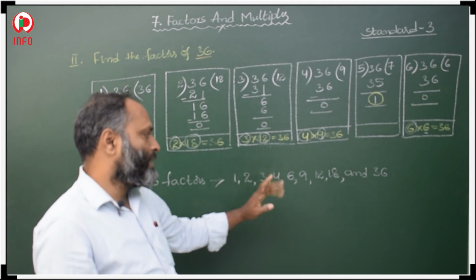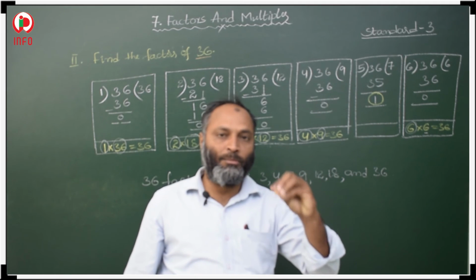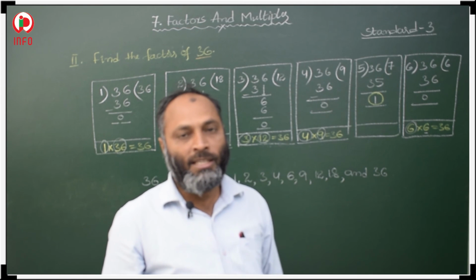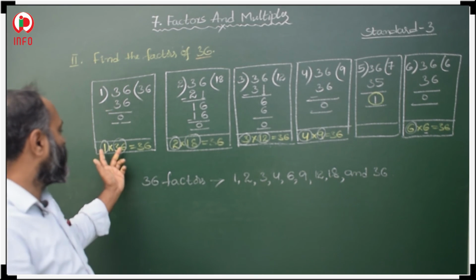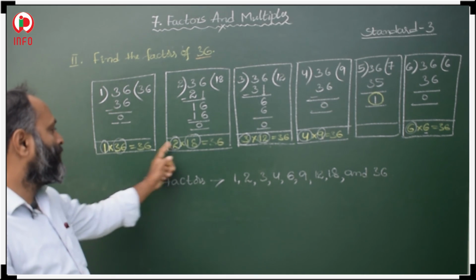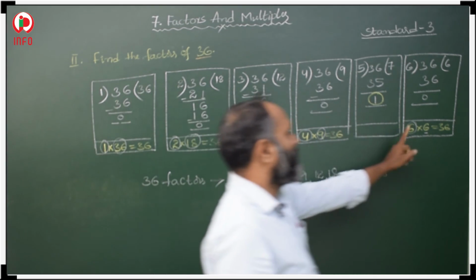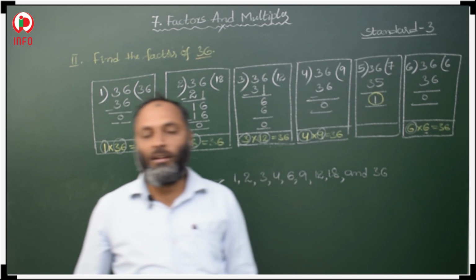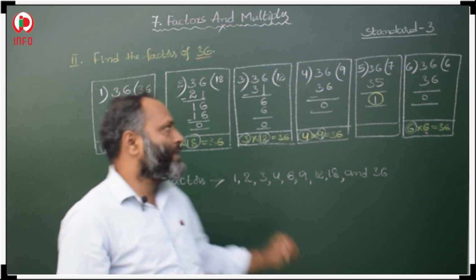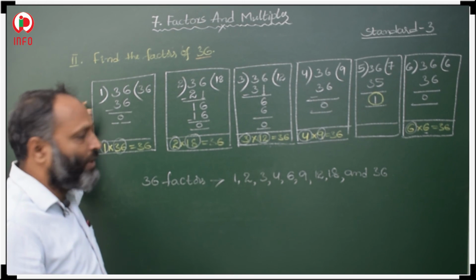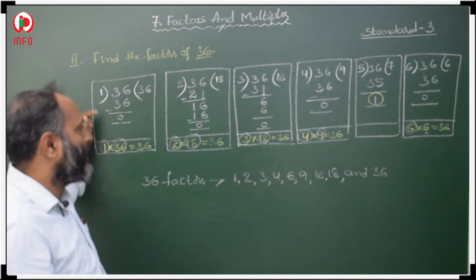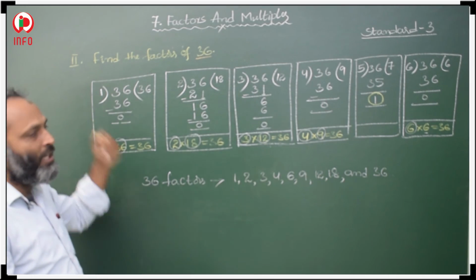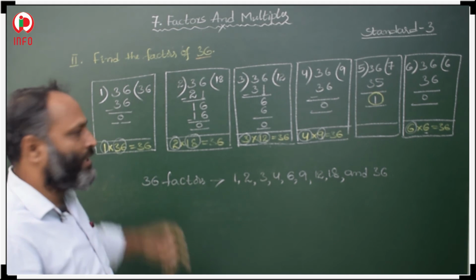In all these tables 36 completely divides. So whatever the multiplicands were there, all these are the factors. In division, by the division we can know how to decide whether it is a factor or not. If remainder is 0, then the divisor is a factor.